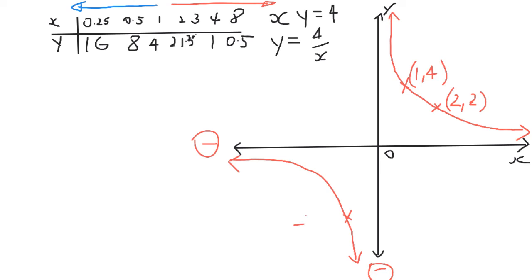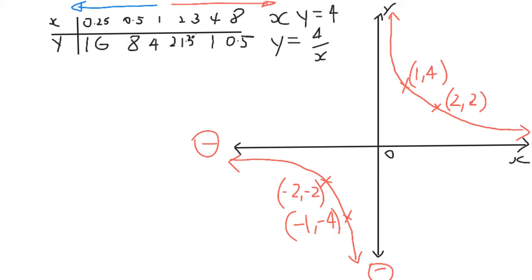Got -1, -4, -2, -2, and so on. And as x gets really, really big in the negative direction, y gets really small. And the same deal with the x values as they get really, really small as well. Y becomes really, really large and negative. So that's what things would look like if we were to graph 4 over x.